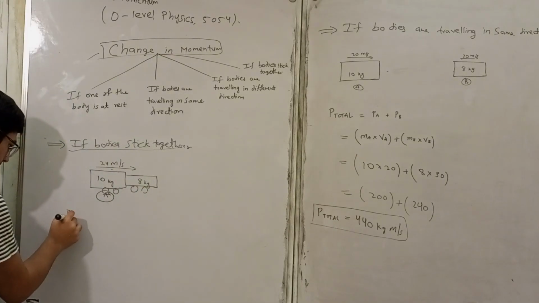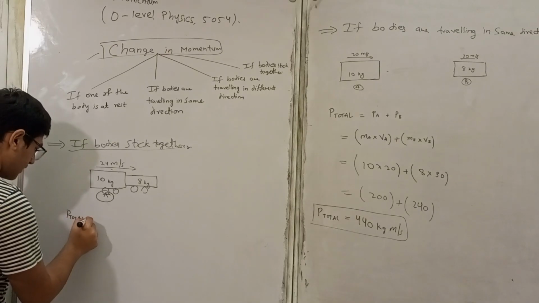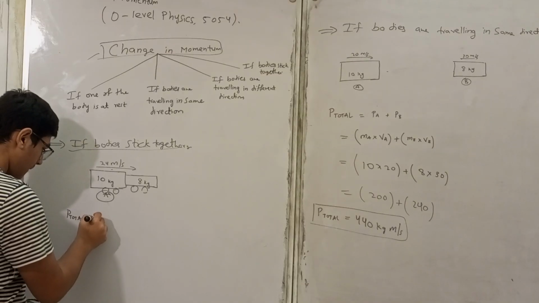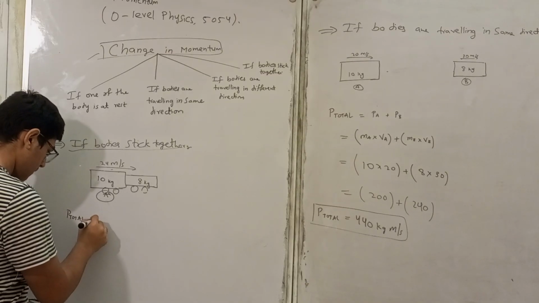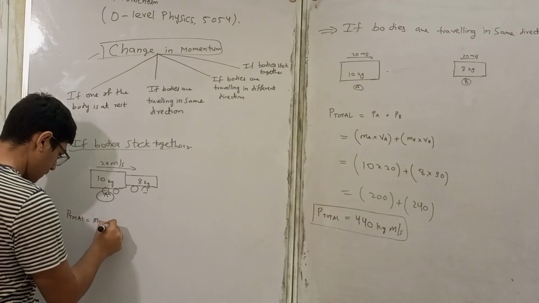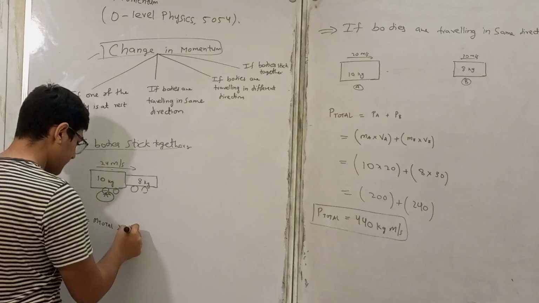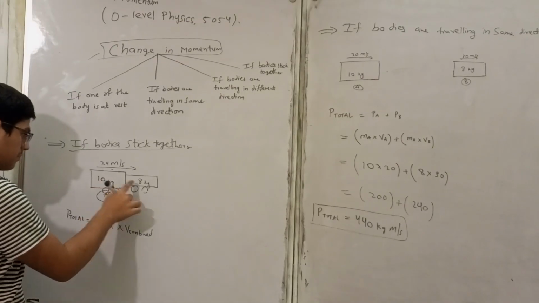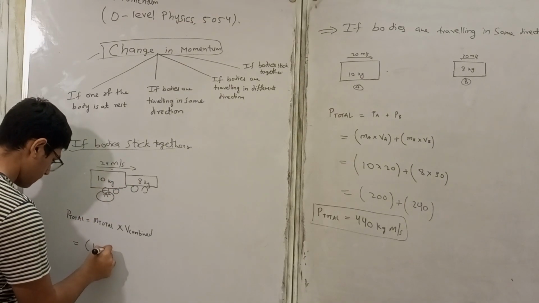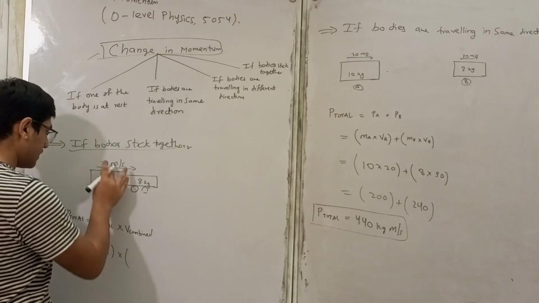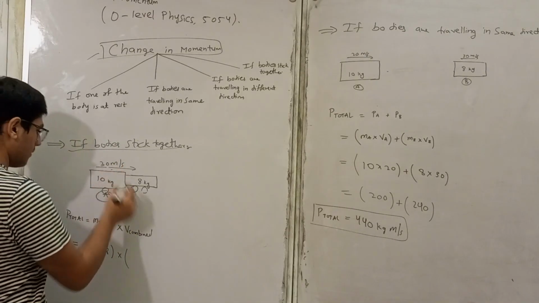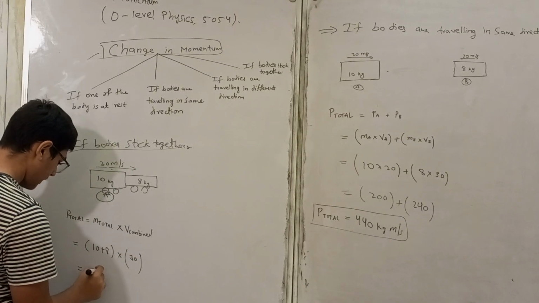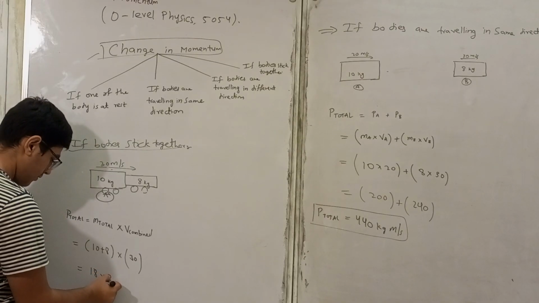So now total momentum, we do not have to calculate their separate momentum unlike in previous cases. Total momentum will be total mass multiplied by velocity combined. So total mass is 10 plus 8 and their combined velocity is, let's say, 30. 10 plus 8 is 18 times 30.